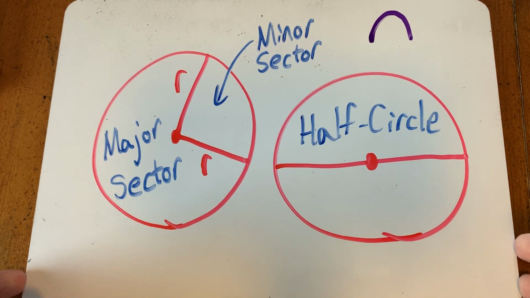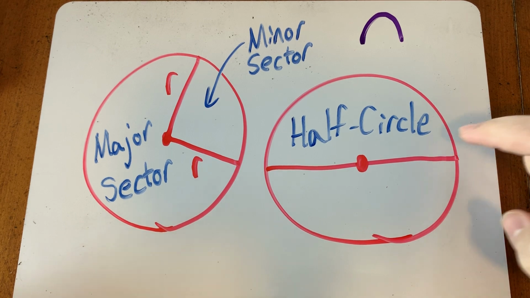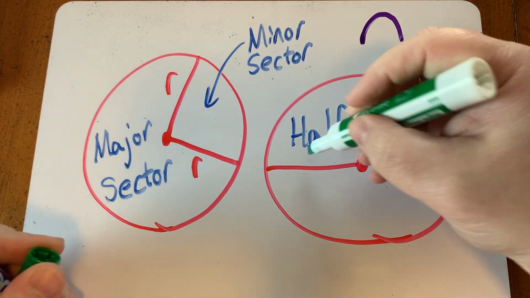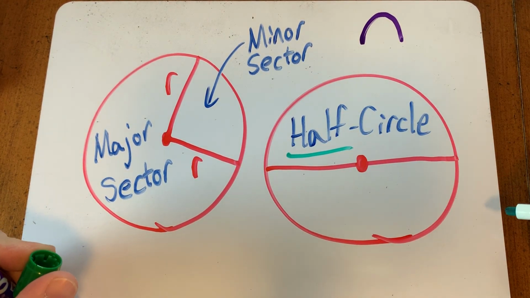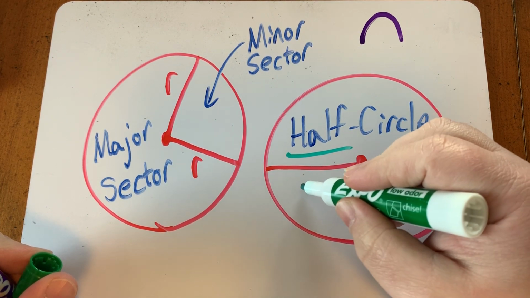So let's talk about the area of a sector. Well, the area of a half circle is very easy to find. It is half of the area of a circle. And I hope you guys followed with my logic there. Since this is a half circle, the area is half the area of a circle.